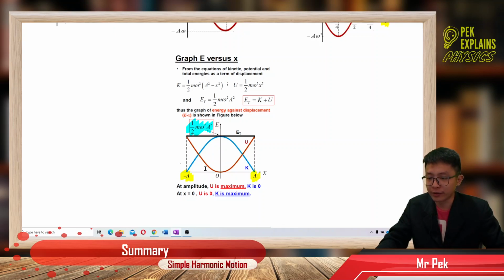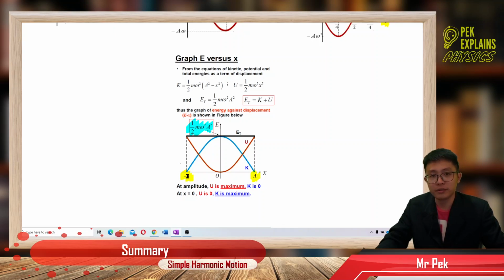And then this red line is the potential energy, the energy in the spring. At equilibrium, no energy is stored in the spring because there is no expansion and no compression. But at positive amplitude there is maximum expansion, which has maximum elastic potential energy.